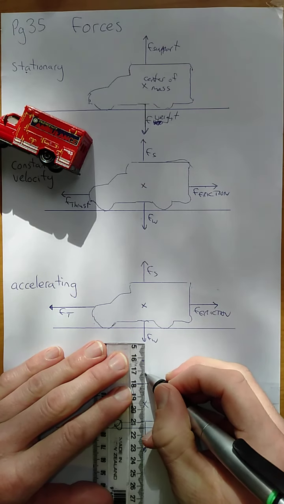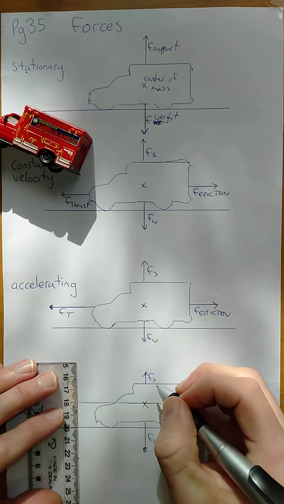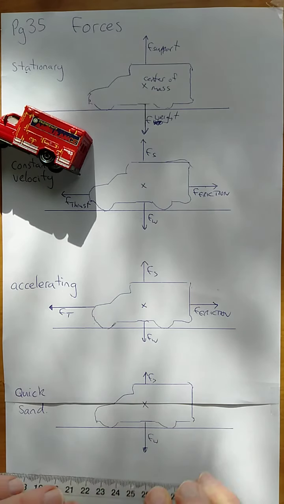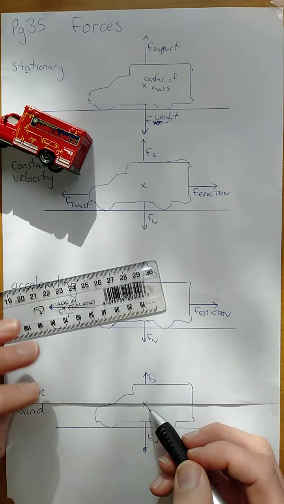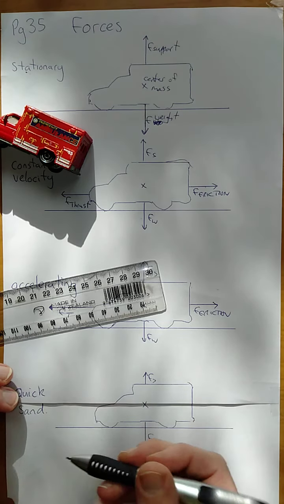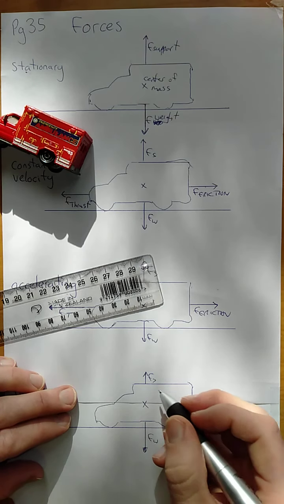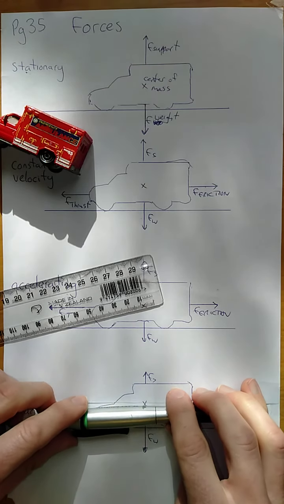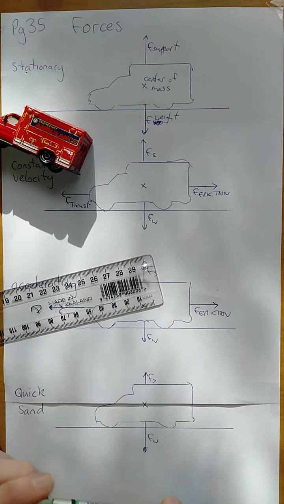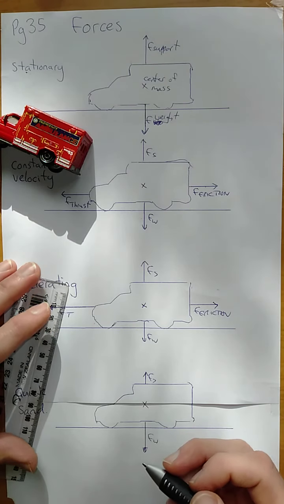So we're going to draw the force support a bit shorter. Force support. And we'll say that he's turned off the engine and he's just stuck. So he's got no forward movement and no friction. He's just parked up in some quicksand, and he's currently accelerating downwards into the quicksand, which is not a nice thing to happen. It's a bit sad, actually.